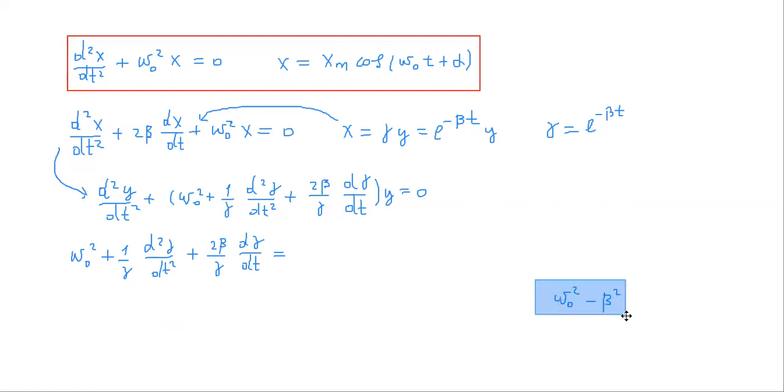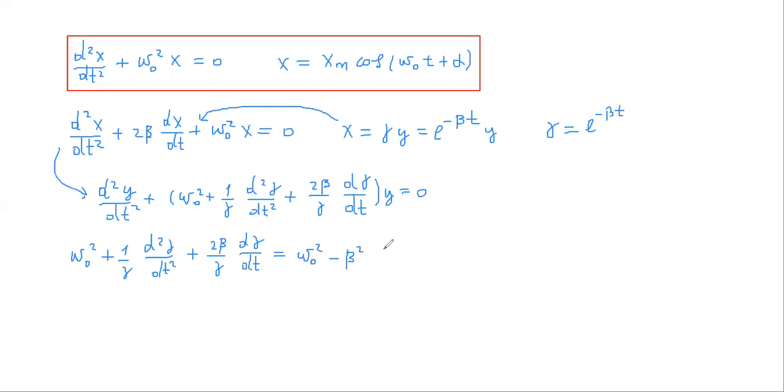So we have proved that this expression in brackets is equal to omega 0 to the power of 2 minus beta to the power of 2.